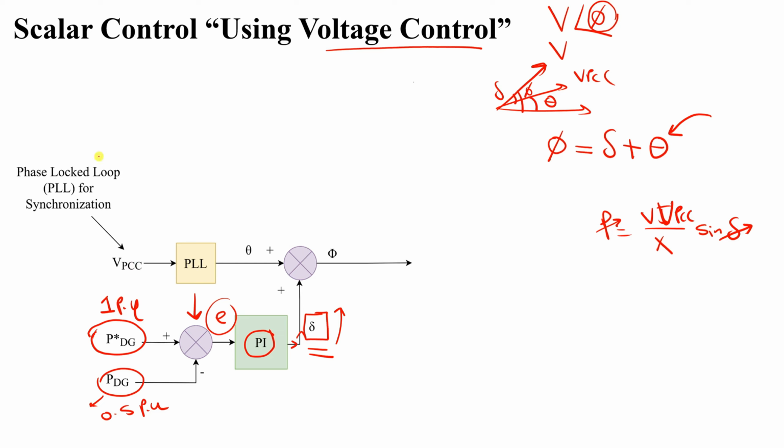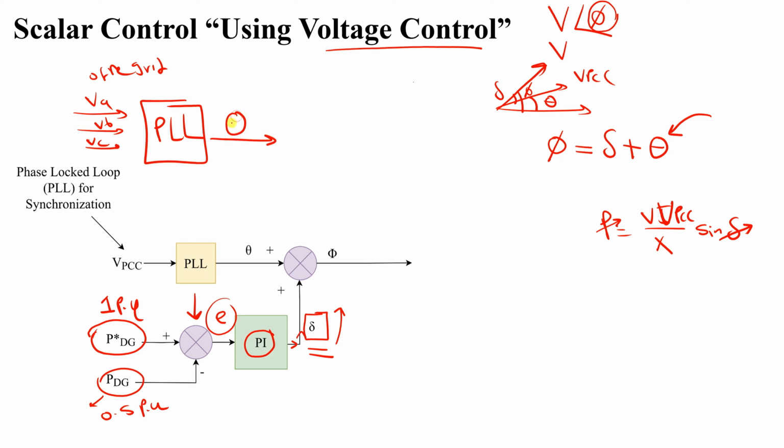What does it do? It takes the three-phase voltages V_A, V_B, V_C of the grid. They are given to the phase locked loop. By measuring these three quantities, it can estimate the value of theta, or the angle of the voltage of the point of common coupling, V_PCC.